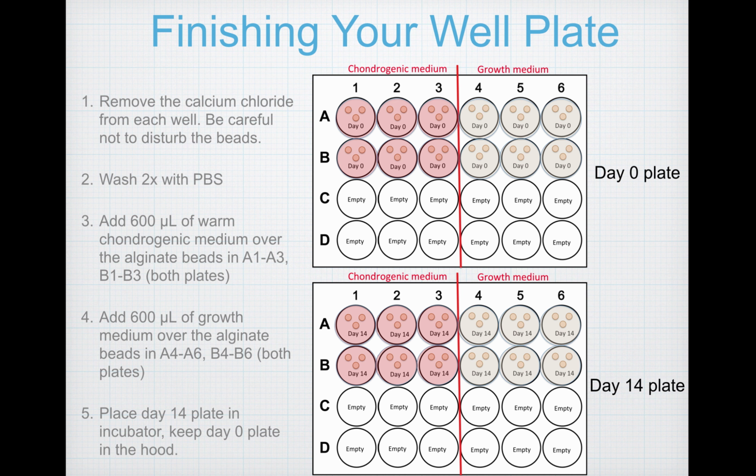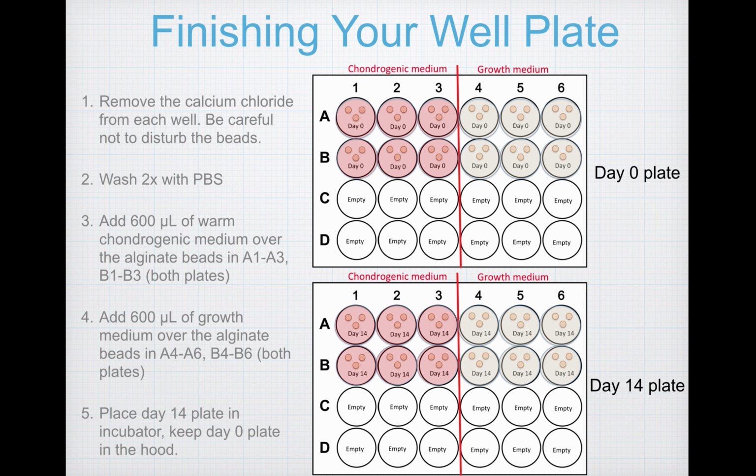That means after you remove the calcium chloride, you'll add PBS to each well, then you'll remove the PBS and add more PBS. Then you'll remove that PBS and you'll replace it with 600 microliters of warm chondrogenic medium placed over the alginate beads in wells A1 through A3 and B1 through B3.